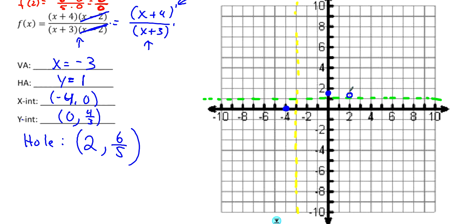Now we're not putting it on the x-axis because this was never going to be an x-intercept. We're graphing it at (2, 6/5). Now we can graph the rest of our curve. Again, we have one vertical asymptote, graphing two pieces. On the left side, I know it's going to go like this because I have this x-intercept down here.